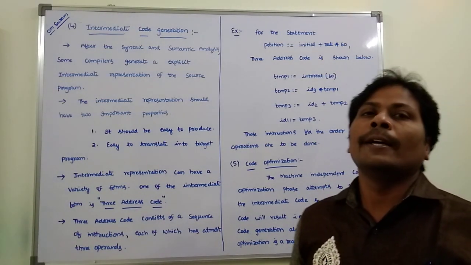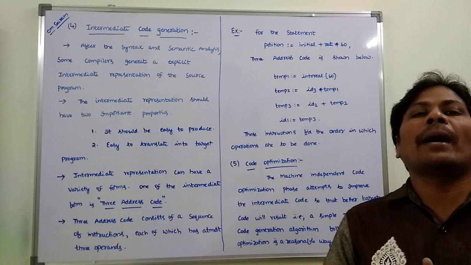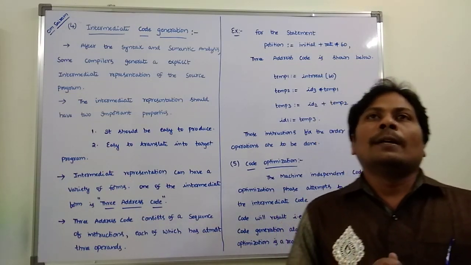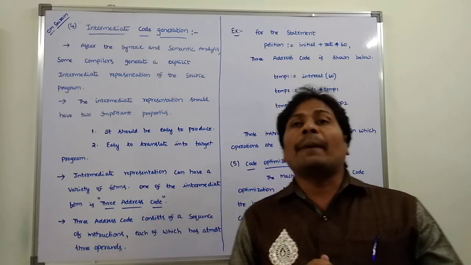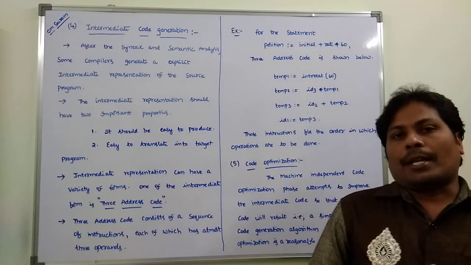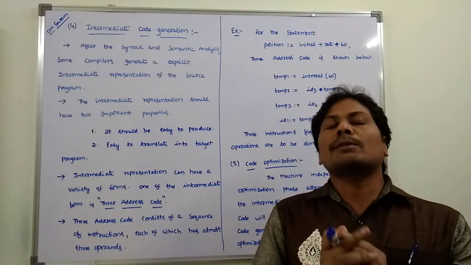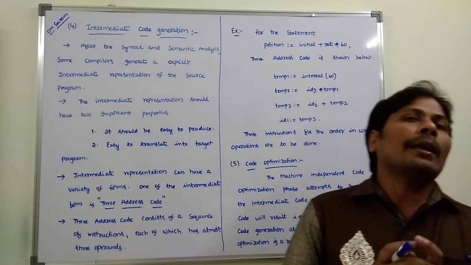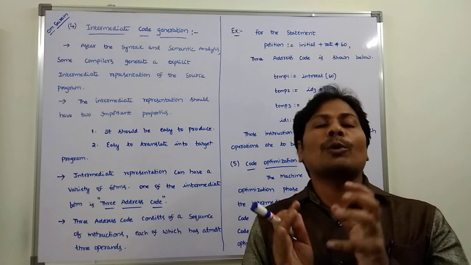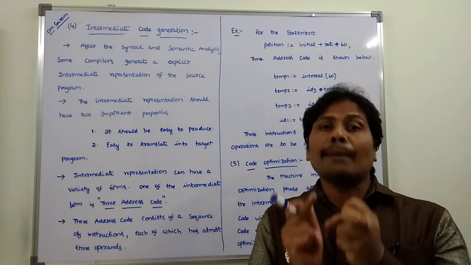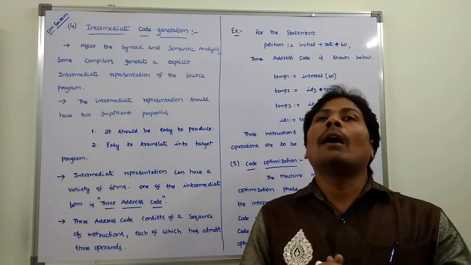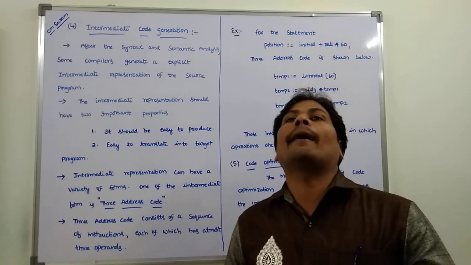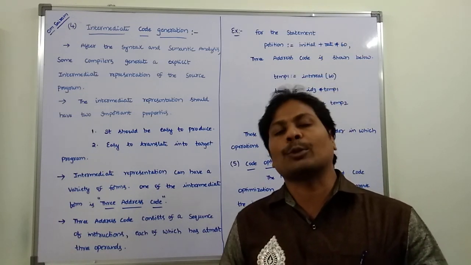Next, the fifth phase of the compiler is code optimization. Here we use machine independent code optimization. Machine independent code optimization attempts to improve the intermediate code representation to get better target code.